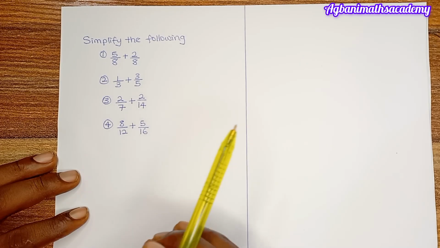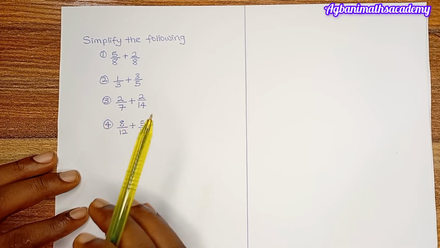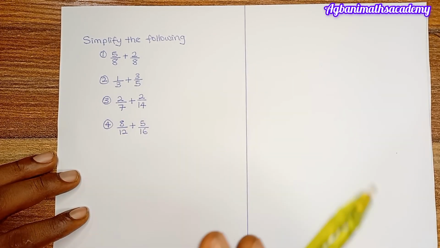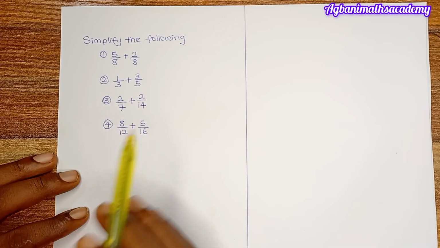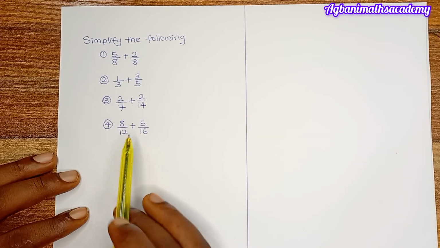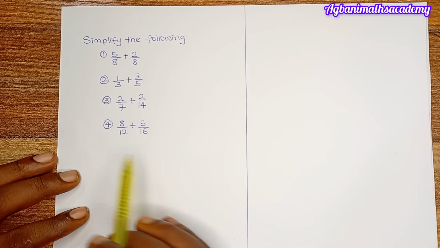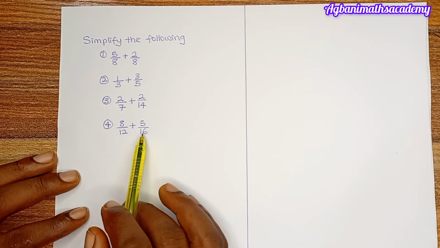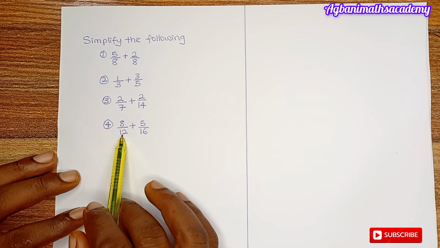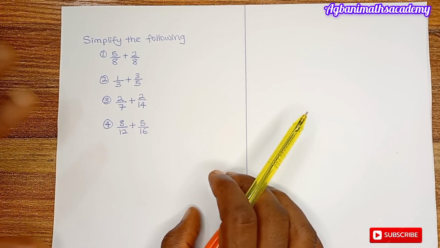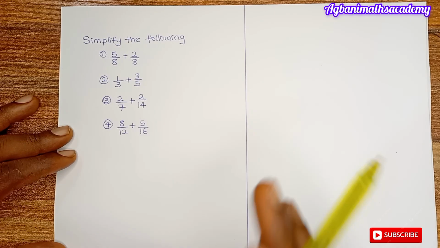So when you have a situation where one denominator is a multiple of the other denominator, there's a way of solving it. And then finally, these two denominators, you can see that they are both more than 10, and also this denominator is not a factor of this other denominator. Neither is this denominator a multiple of this one. So each of these situations requires a different way of solving it.